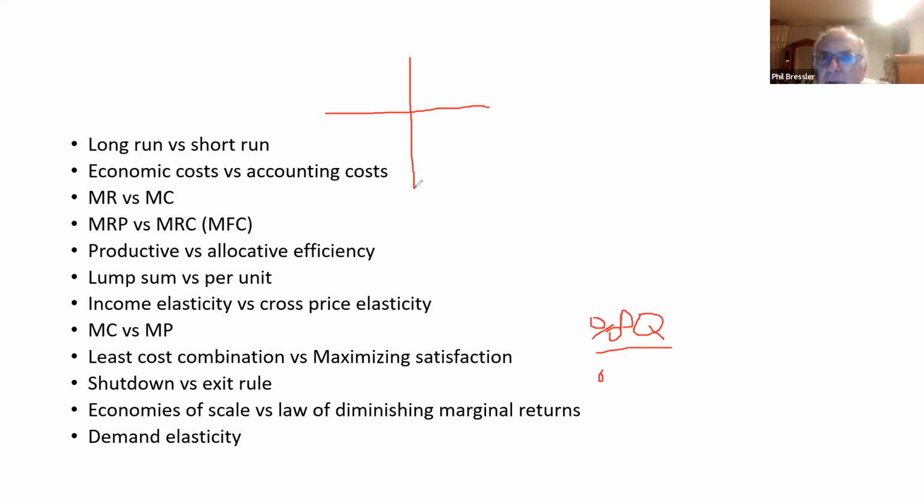All right. So those are the perfectly elastic and inelastic curves. For demand elasticity, Dane, greater than one, elastic; one, unit elastic; less than one, inelastic. It's percentage change in quantity demanded on top over percentage change in price.